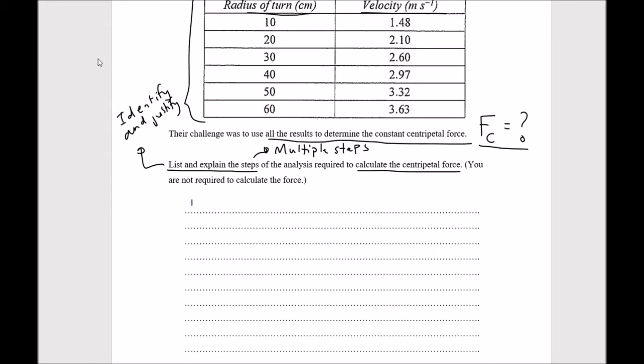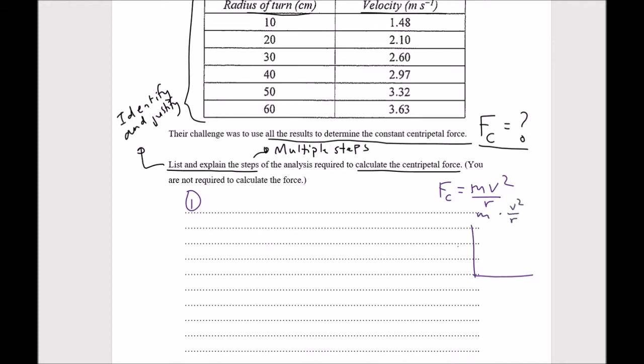So step number 1, okay, just to give you a bit of background, the formula for centripetal force is Fc equals mv squared over r. Okay, so what we know is we need to try and plot this on a graph where we can isolate v squared and r.